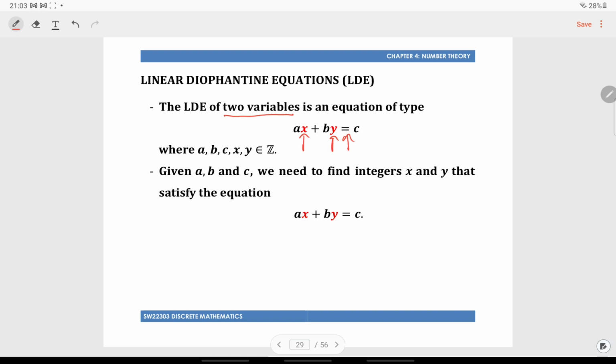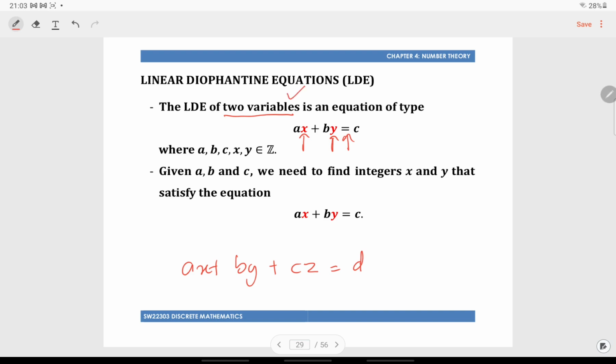This is the linear Diophantine equation of two variables. If we have three variables, for example, an LDE of three variables is ax plus by plus cz equals d. But in our lecture we only consider the two-variable case.